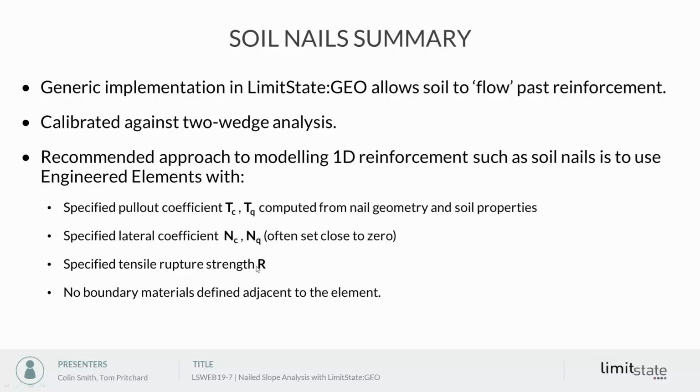We may wish to specify a rupture strength in the nail to allow for failure. And there is also a provision in the software, I didn't really go into it, to define boundary materials on the reinforcement. That's not really relevant for a one-dimensional reinforcement and is more relevant when we're modeling two-dimensional reinforcement. So we don't do that.